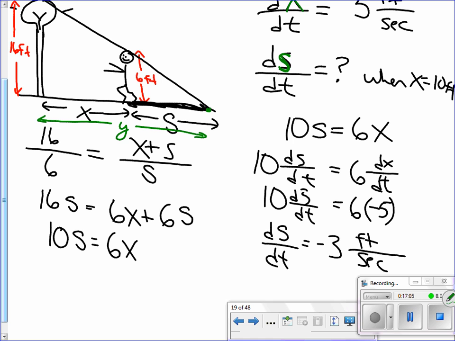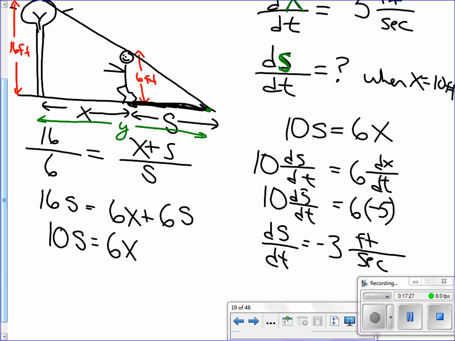If we want to know how fast the tip of his shadow is moving, we really want to know at what rate this distance from the lamppost to the tip of the shadow is changing. You can't have the other end moving; you need it fixed. So in the second part, how fast is the tip of his shadow moving?